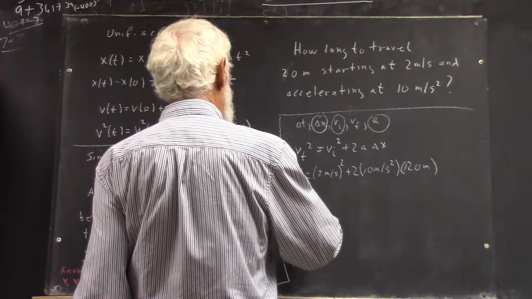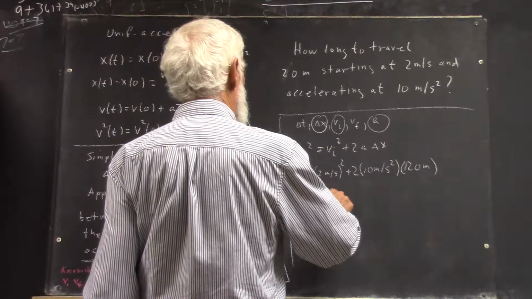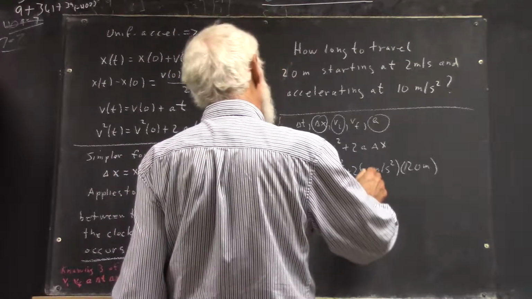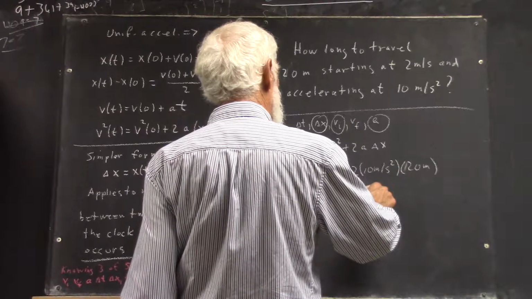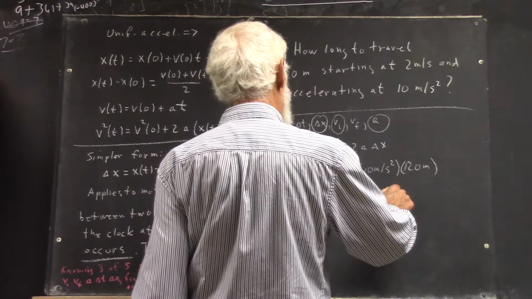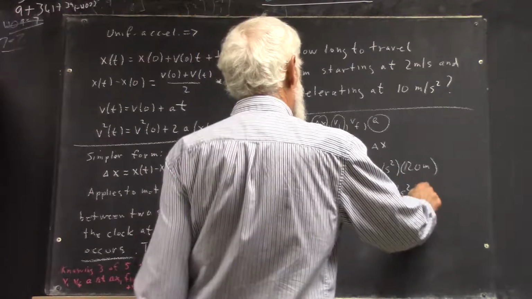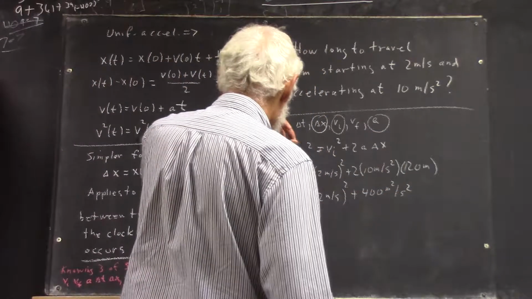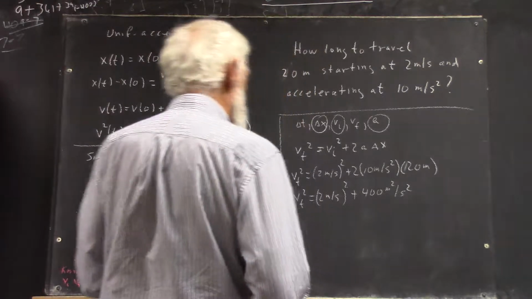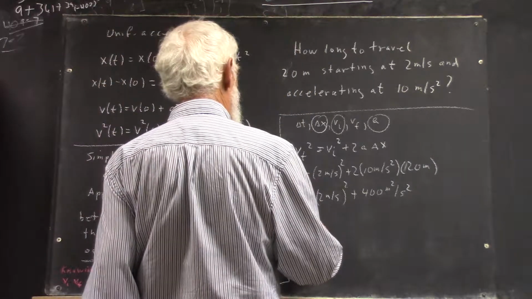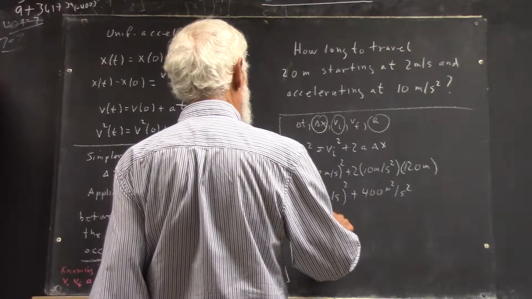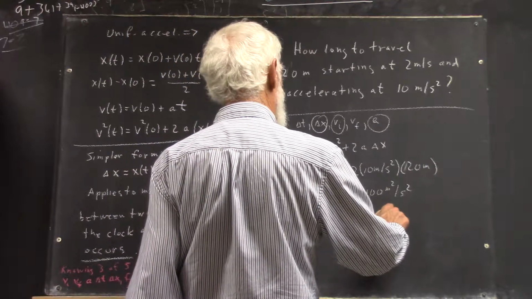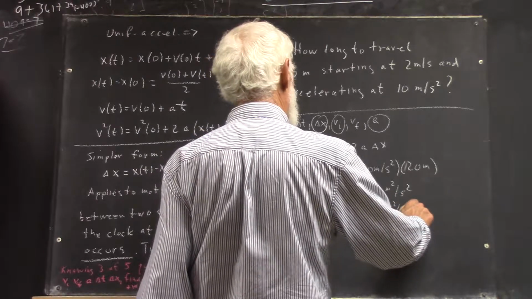So that VF squared equals 2 meters per second quantity squared plus, well, 20 times 20 is 400. And that's going to be meters times meters is meters squared. You got seconds squared here. Well, when you square the 2 meters per second, you get meters squared per second squared plus 400 meters squared per second squared.